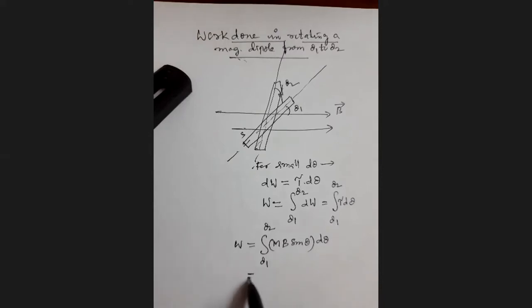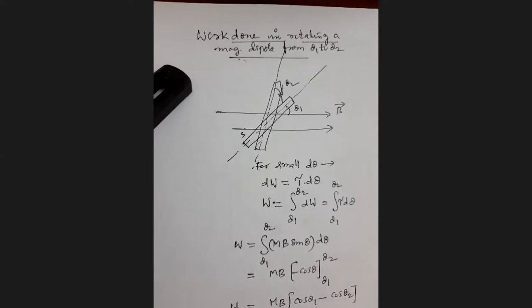Writing the constant outside, mB integral sine theta d theta, minus cos theta, and applying the limits theta 1, theta 2, we get mB into (cos theta 1 minus cos theta 2).